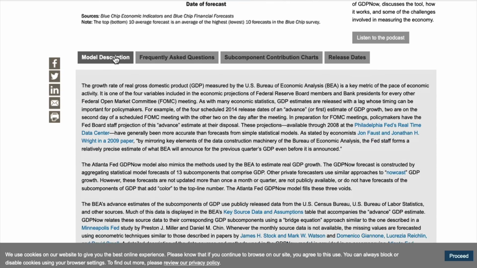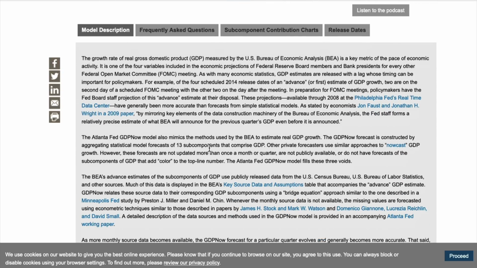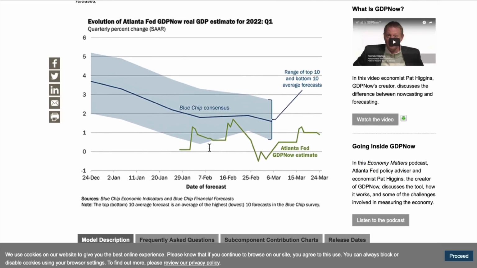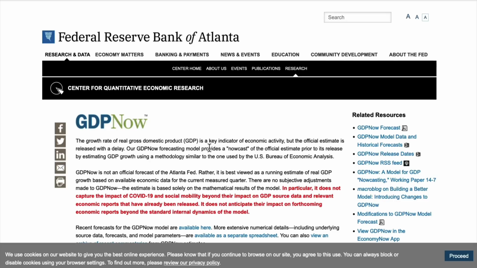And here's the model description. You can click on it. It describes exactly how it calculates GDP Now. So if you're interested in diving a little bit deeper on that, if you're more technical and you want to see how the model is described, so you can determine what weight you want to put on this data.